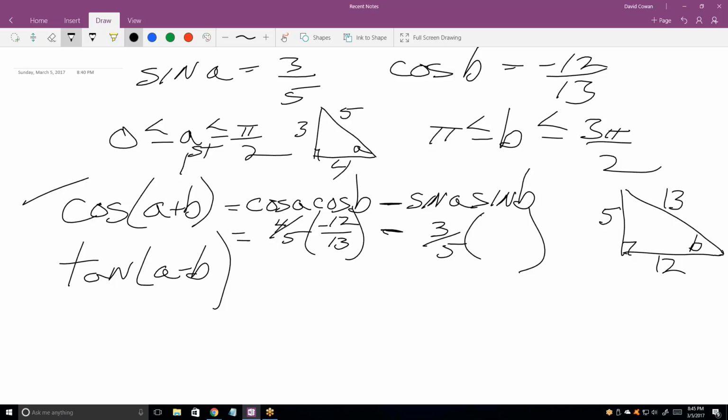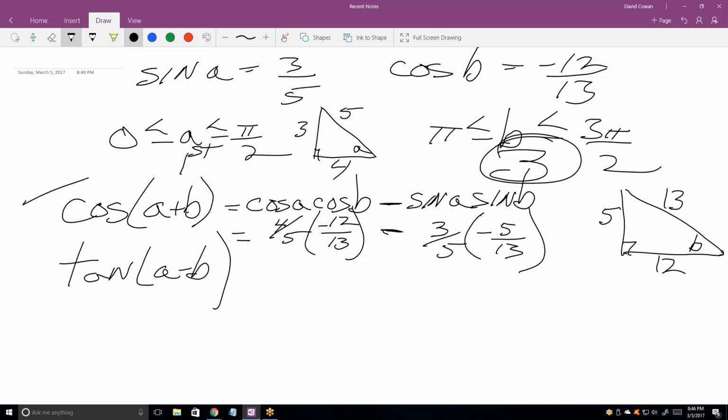Okay. And which quadrant is B in? Between pi and 3 pi over 2. Quadrant 3. Okay, so it's third quadrant, which makes the sine what? Positive or negative? Negative. -5/13. You with me? Yeah. Okay.